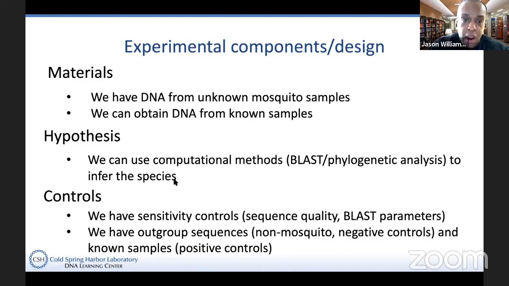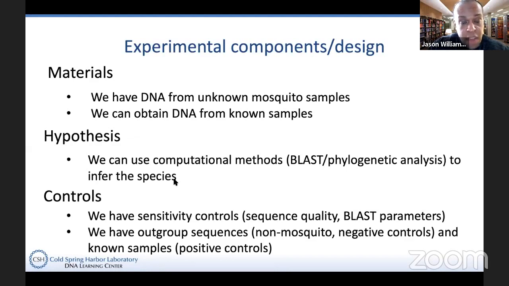And so those are going to be related to our ability to tell whether our sequence quality is of good quality or of poor quality. And it's also going to rely upon the parameters that we use when we use this software called BLAST. There are some settings we could change or not change, or things we need to think about in order to have a better understanding if our BLAST results actually tell us what we think they're telling us.